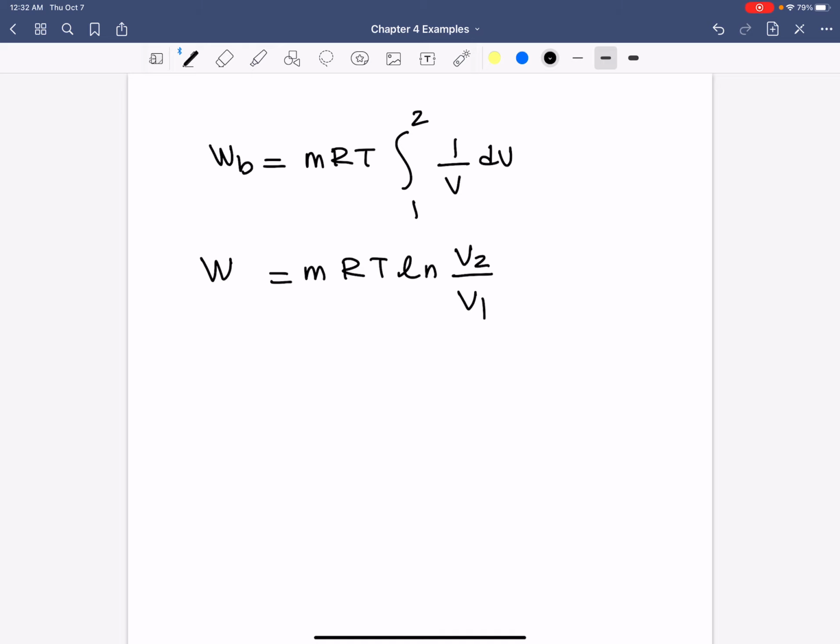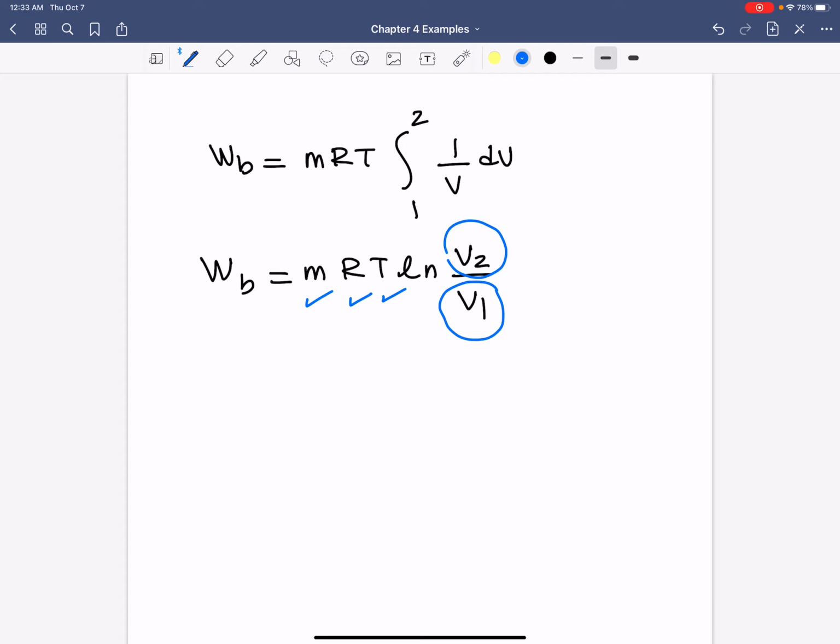They're asking us to calculate boundary work, and we ended up with an equation based on the assumption that air is an ideal gas. Here the mass is given to you, R is known, and the temperature is also known. But what about volumes? Do we know V1 and V2?